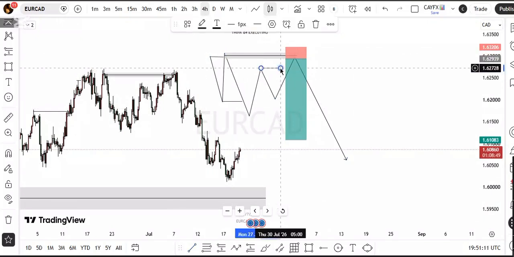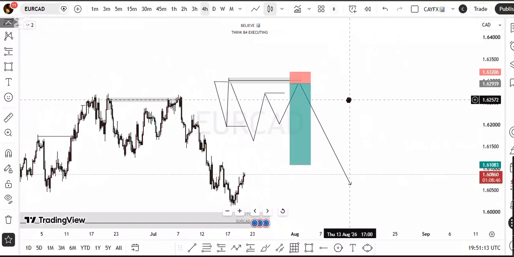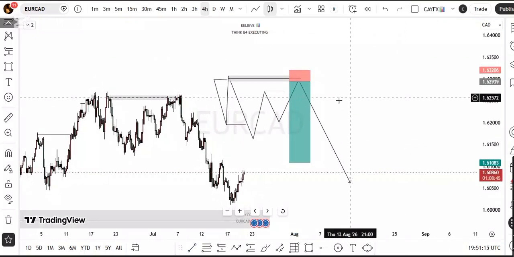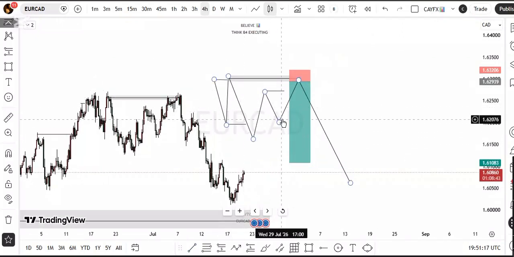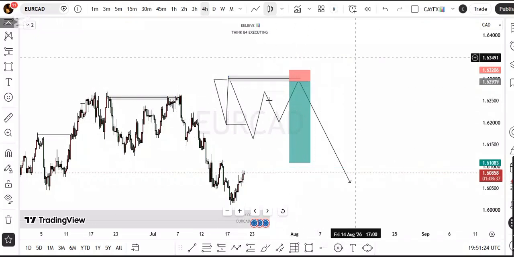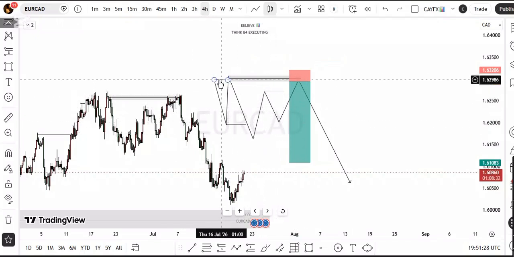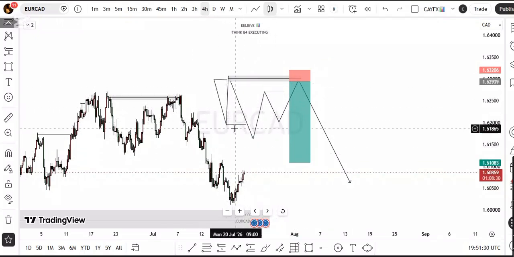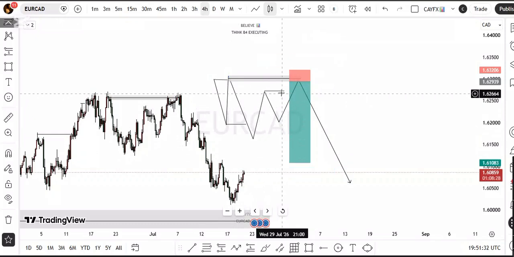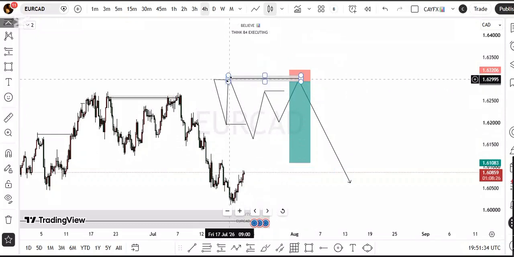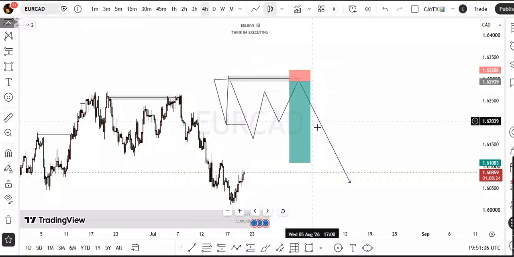So now what is remaining? To execute, and I will wait patiently for the market to tap here and begin to reverse. Now this is an entry model, a smart money entry model. So a liquidity sweep, break of structure, engineered liquidity or inducement, a valid unmitigated POI, then you take your entry.